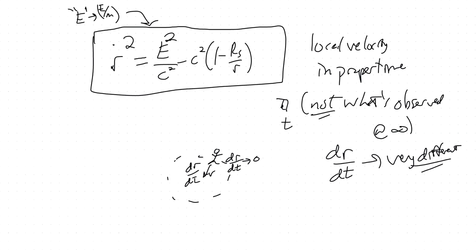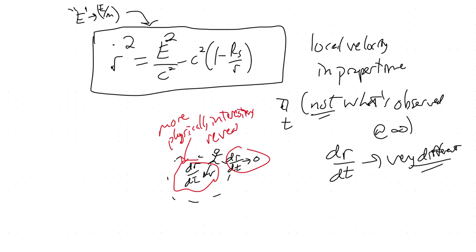The point is that both of those are interesting, but this one becomes, I believe, more physically meaningful, or more physically interesting, or revealing of the space-time geometry. This is like the illusion of perspective, which is very interesting. If you were to watch somebody go into a black hole, they would appear to freeze on the event horizon, right?